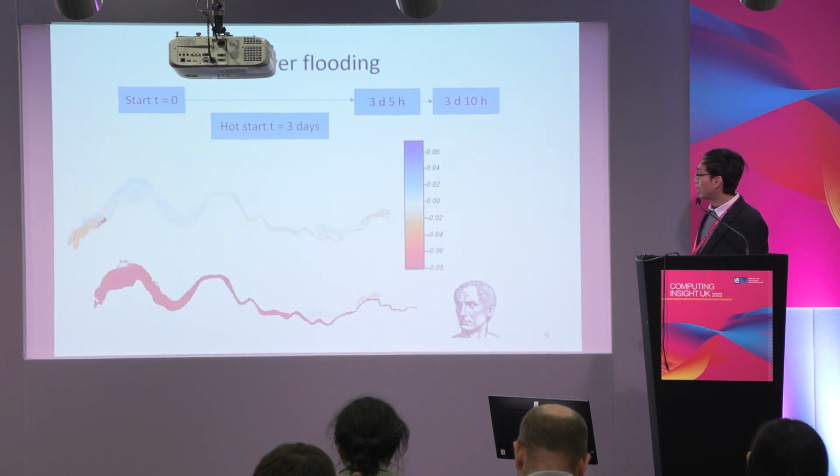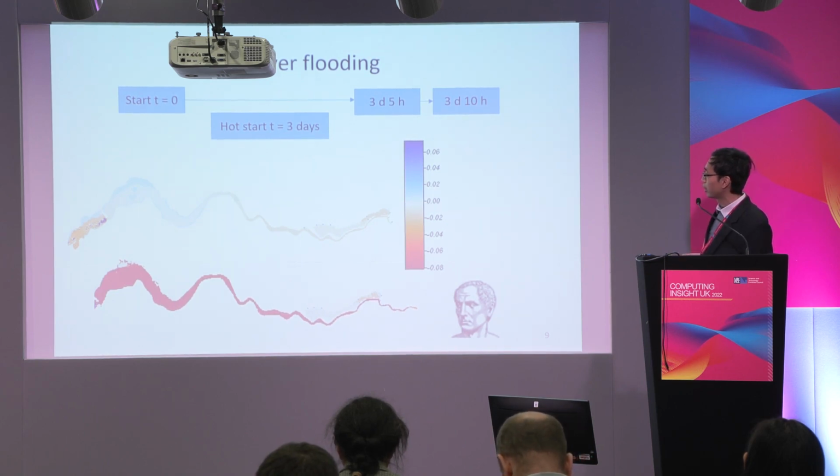And next, I'll show you a river flooding case. So we use a model called CoSeC flood, which is a hydromorphic model to describe how the water flows in the river and how the riverbed changes over time. But this time we only focus on the water flow.